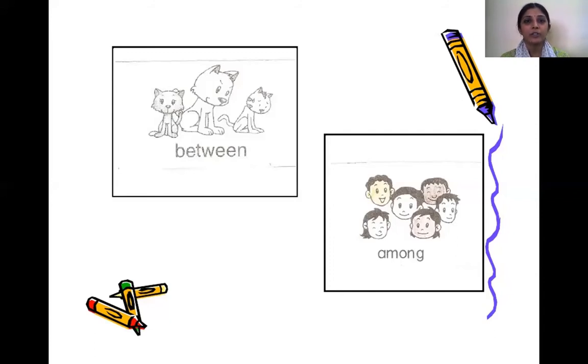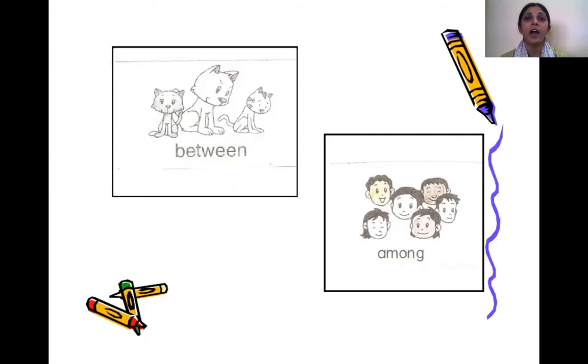When there are two, you use the preposition between, and when there are more than two, we use the preposition among, right? So a big cat is sitting between two small cats, or a cat is sitting between two kittens. We can say like that.